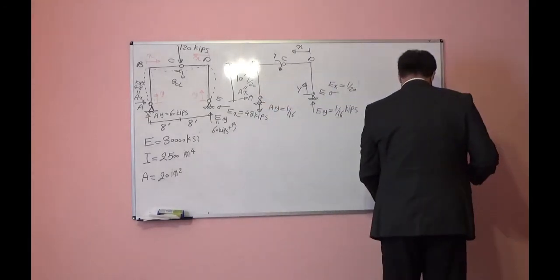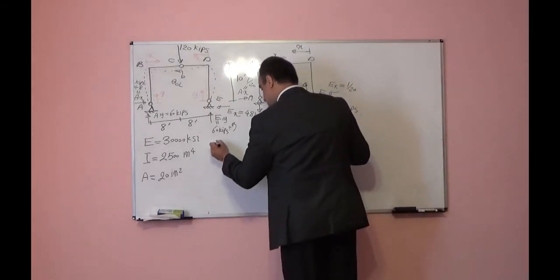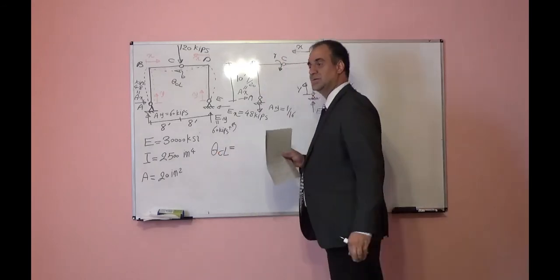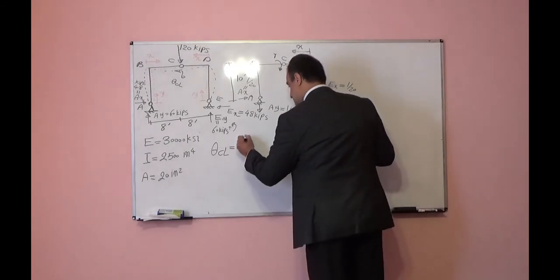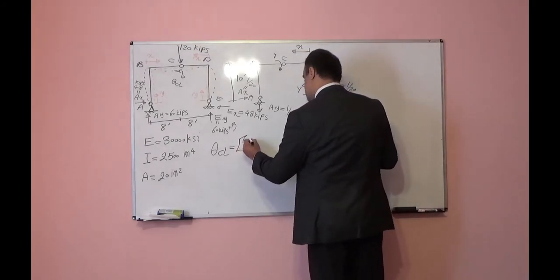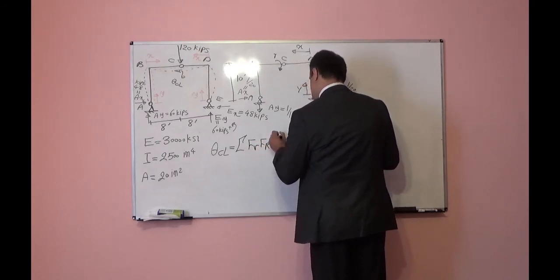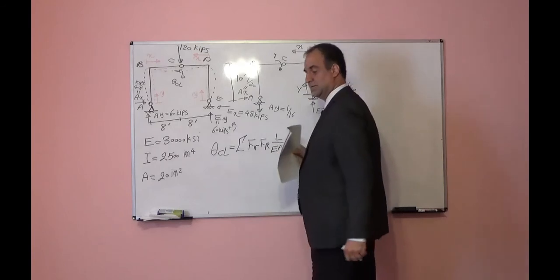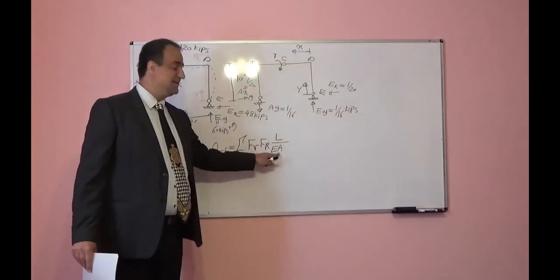Now, because we will consider deformation because of axial force, theta C at left, CL means slope at left side, will be summation of axial force deformation, FV, FR times L over EA. Axial deformation, we will put EA.